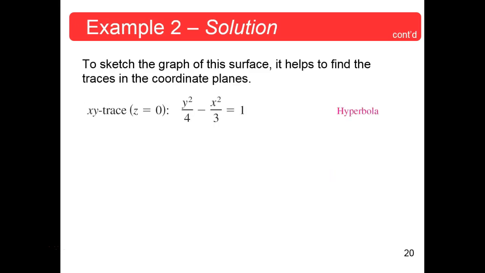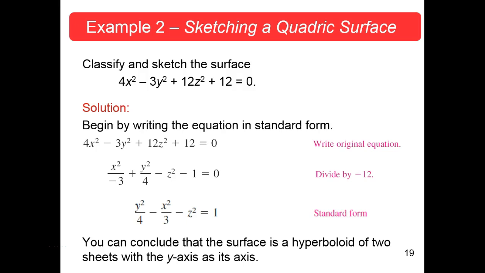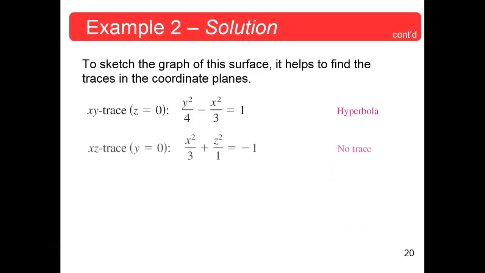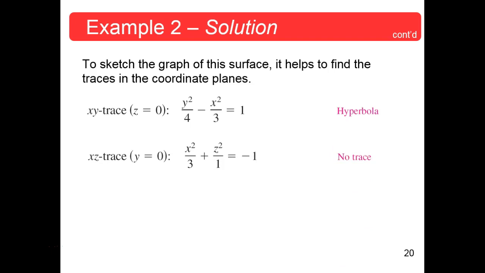To sketch the graph of the surface, it helps to find the traces on the coordinate planes. I didn't bother doing that, but when z is equal to 0, you have hyperbolas. And when y is equal to 0, it can't happen. No trace, because y can't be 0. Right-hand side is positive, left-hand side is negative. And then the yz trace, where x is equal to 0, you get hyperbolas again.